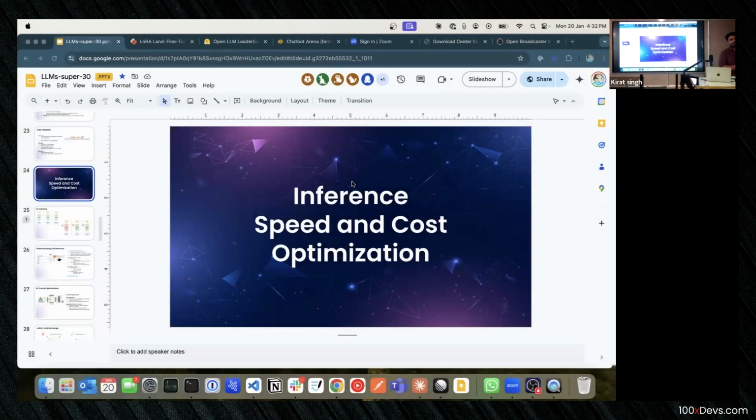We are starting with inference and cost optimization, right? Okay. Let's see. What is inference? Does anyone know what inference is? Prediction, right?